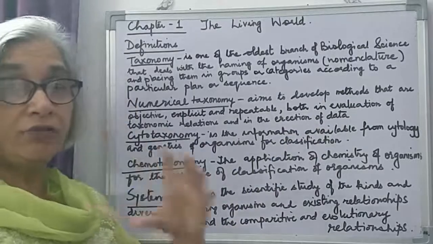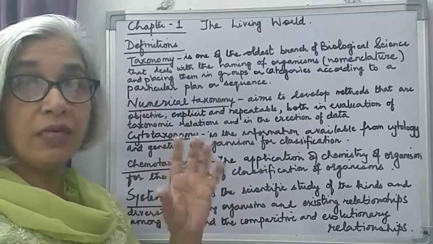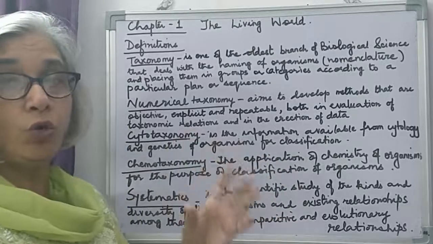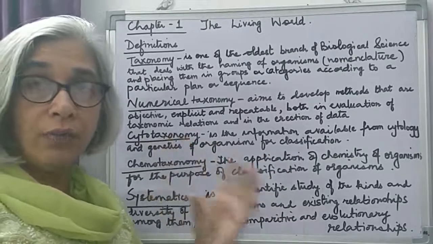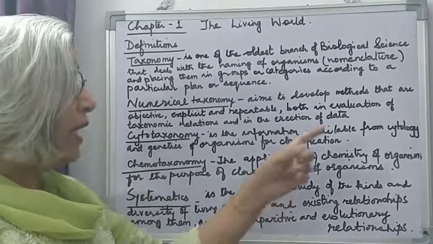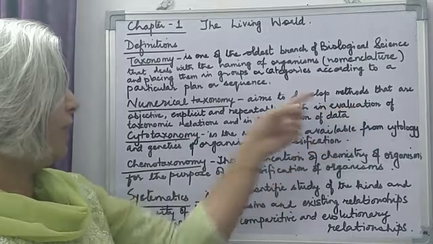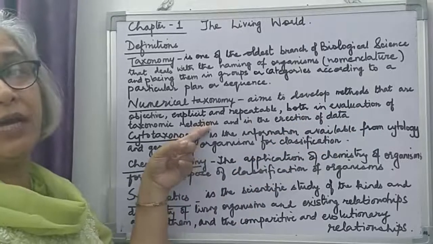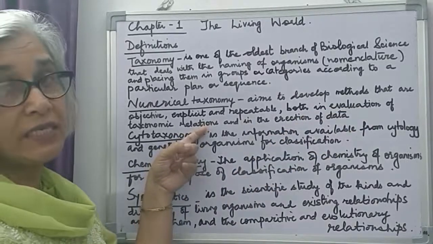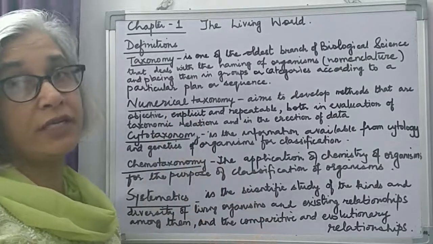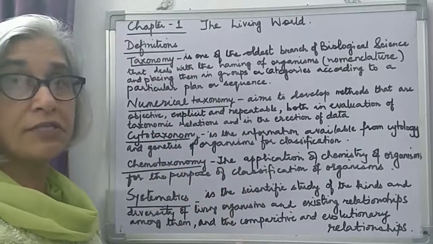That means the information that has been collected based on relations, putting them in groups according to certain plans and sequences. That data that is collected can be evaluated keeping in mind the relations that exist between the different groups, different categories of living organisms.